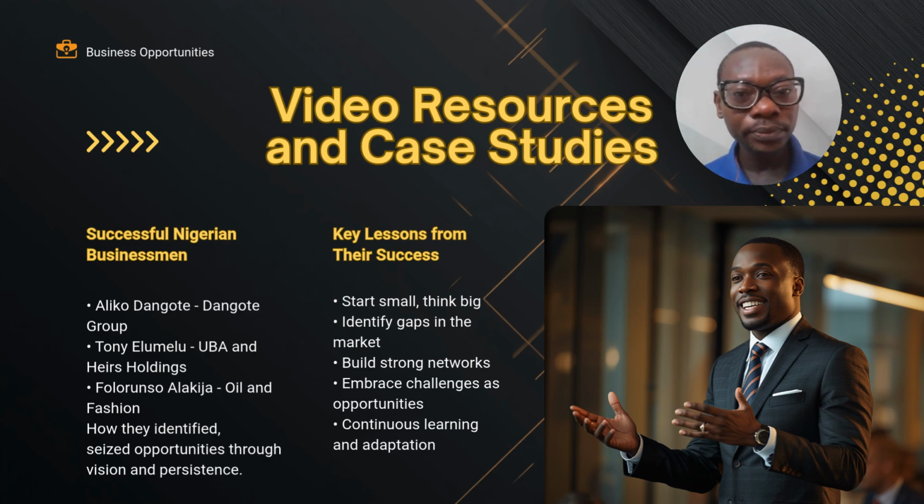Case study. The scenario of some successful businessmen in Nigeria. Number one, Aliko Dangote, the Dangote Group, in charge of producing cement, sugar, and refinery. Two, Tony Elumelu, UBA.